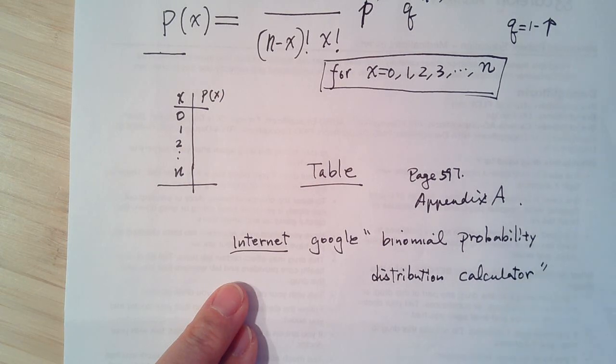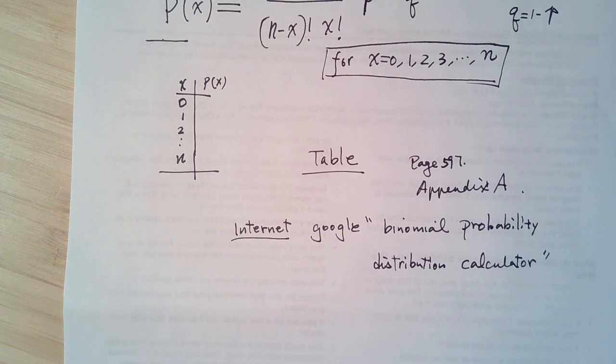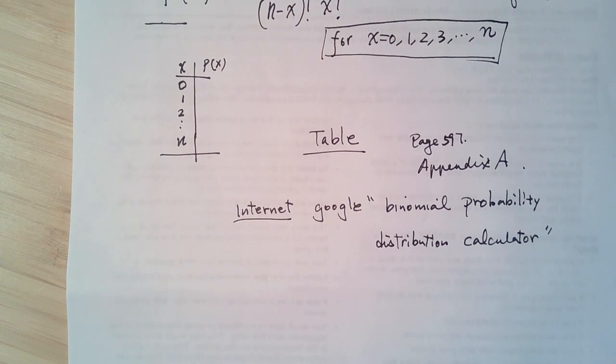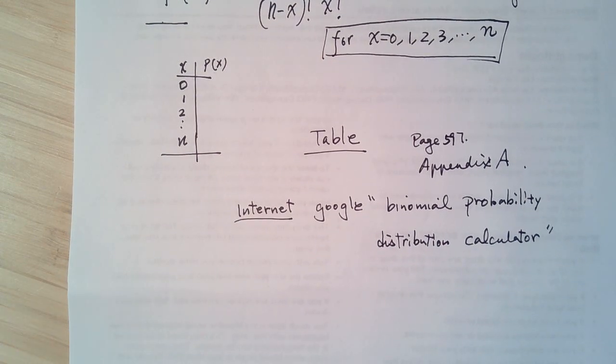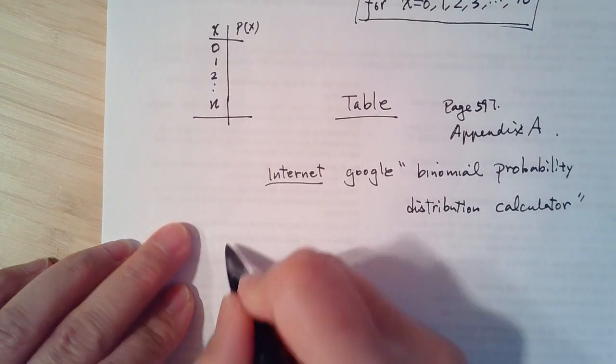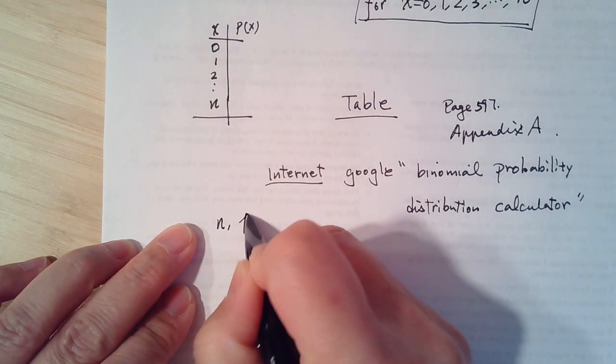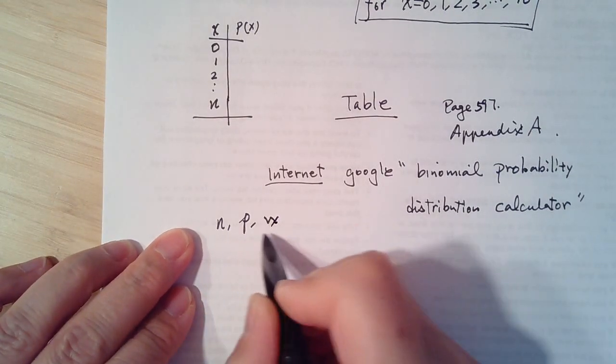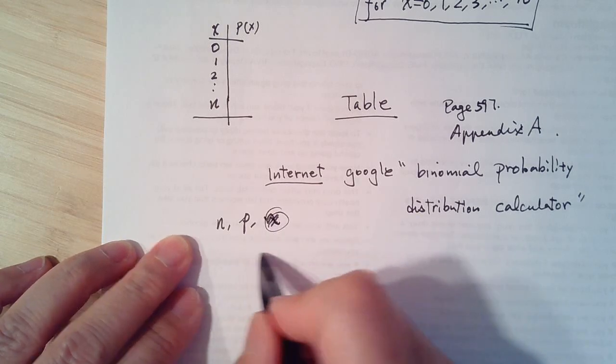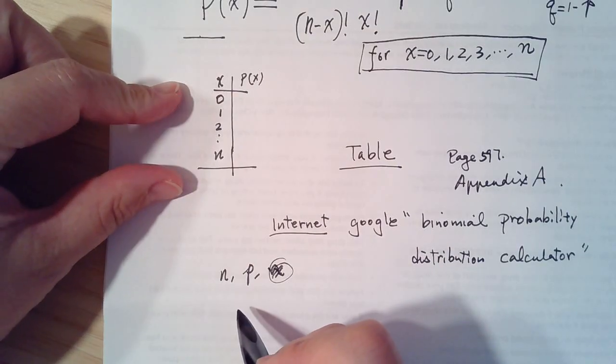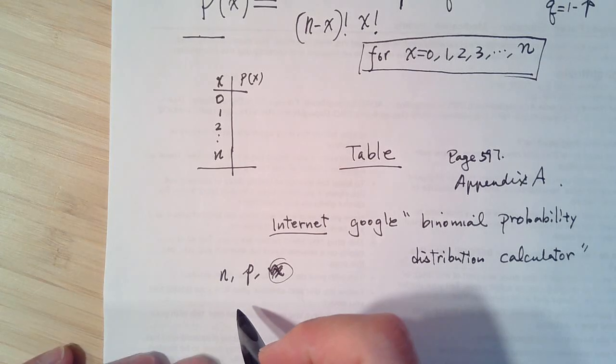If you Google this, I'm pretty sure there are going to be so many different websites that just ask you to enter N, P, X, and sometimes they don't even ask for X. They just give you the probability, because the only thing you need is N and P. And they give you a lot of things.